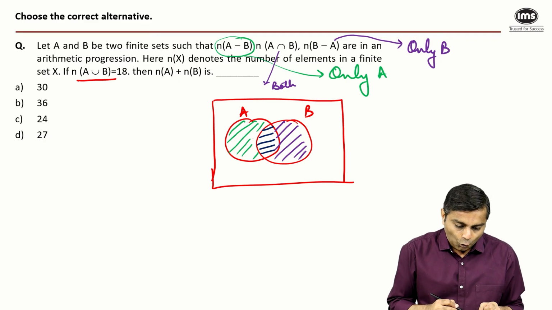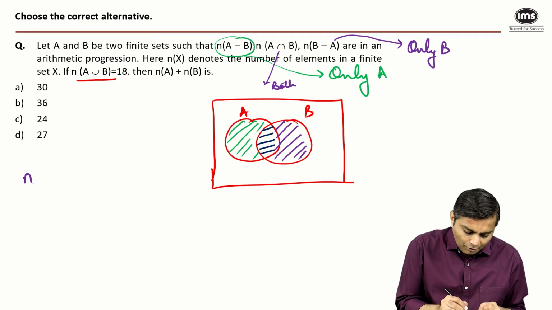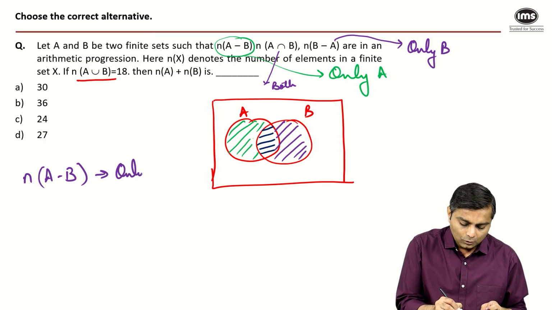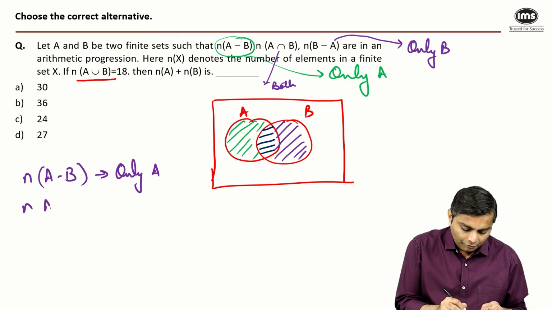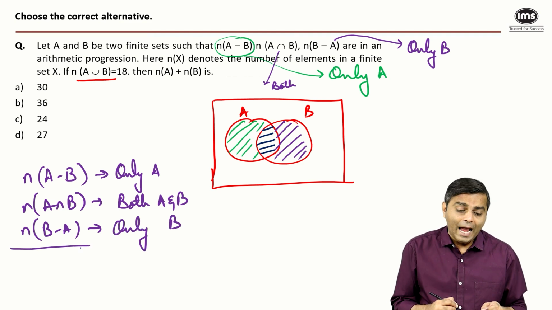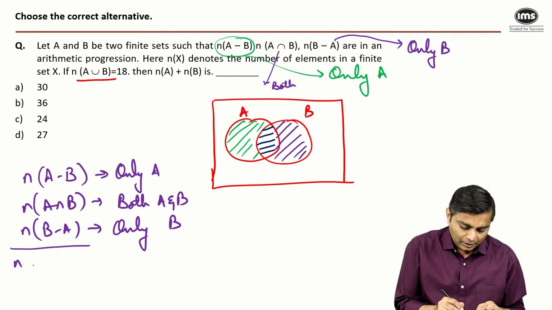Great. Okay. So, n of A minus B, let me just think of this as only A. n of A intersection B, I know this is both A and B, and n of B minus A, I know is only B, correct? When I'm going to add these elements, it is nothing but n of A union B, that I know.